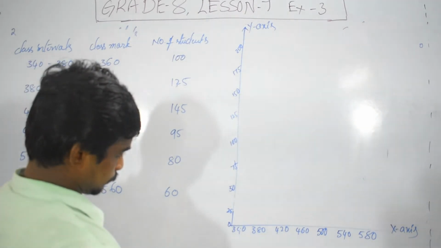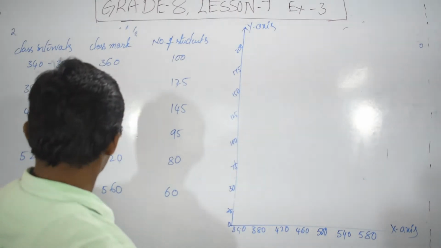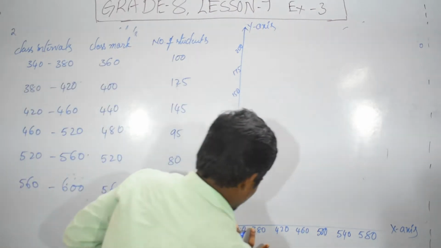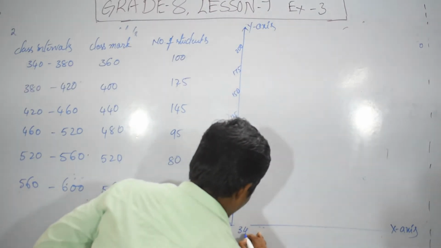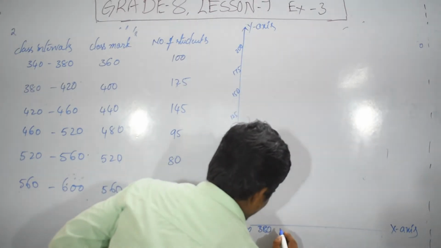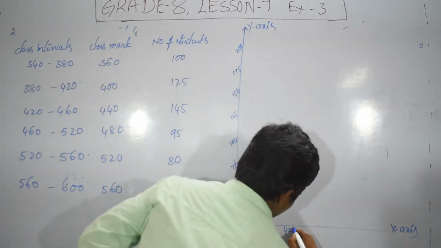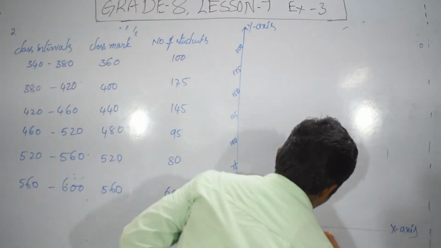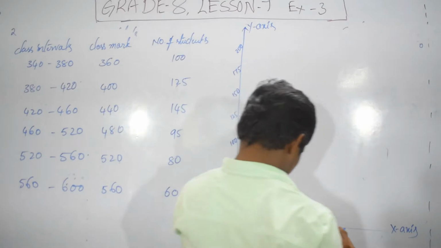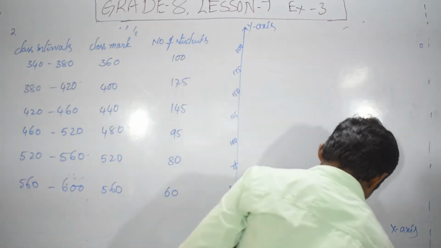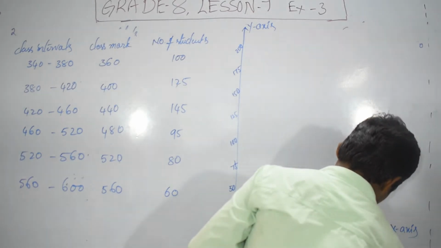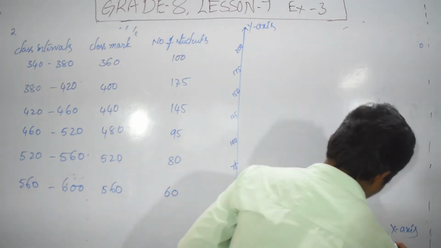560. Here 0 to 340, 380, 420, 460, 520, 560, 600. Enough.